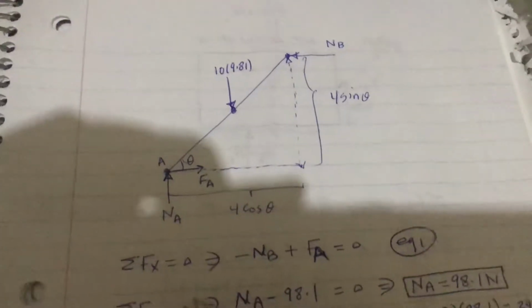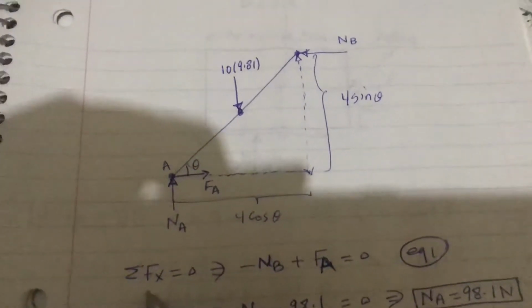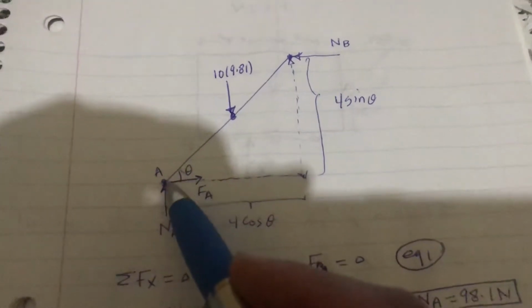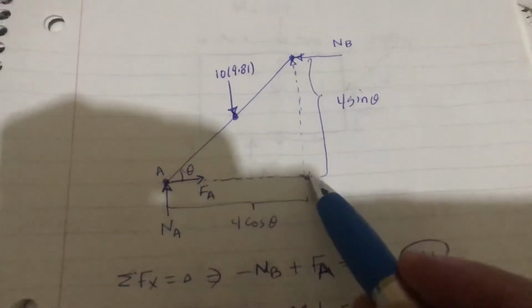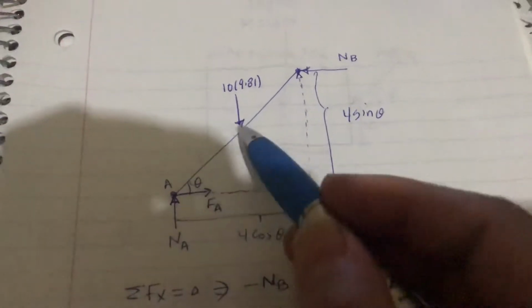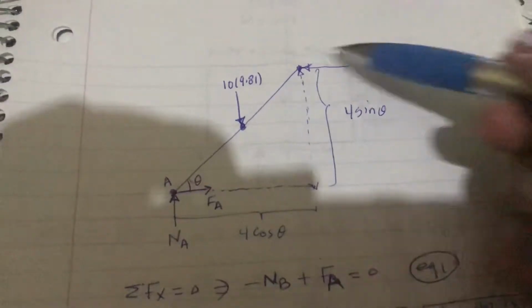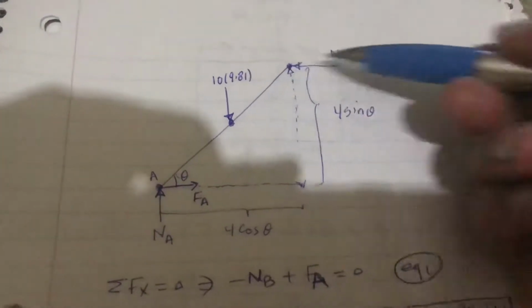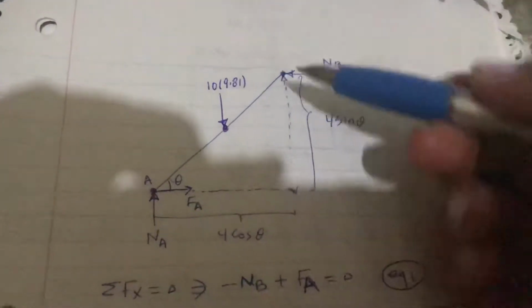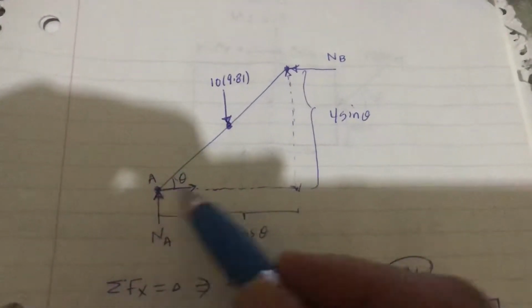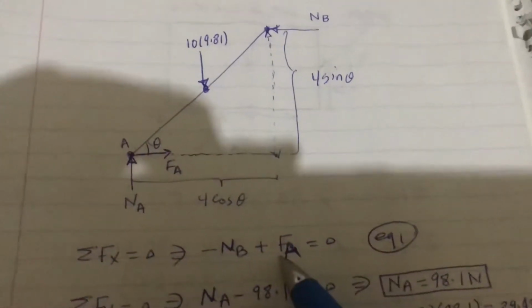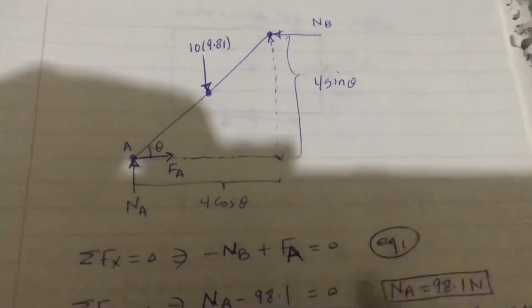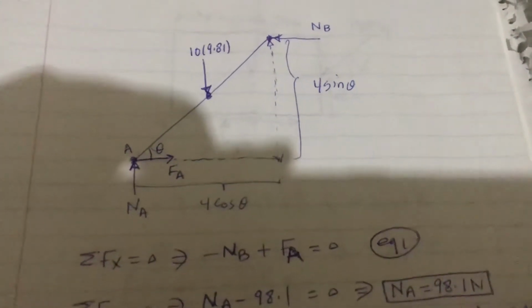Let's find the summation of forces in x. You have friction force Fa going toward the right, the positive, and you have this normal force toward the negative. So minus Nb, the normal force at B, in the negative direction, and Fa, the friction force at A, equal to 0. Now this is equation 1, because these are two unknowns.